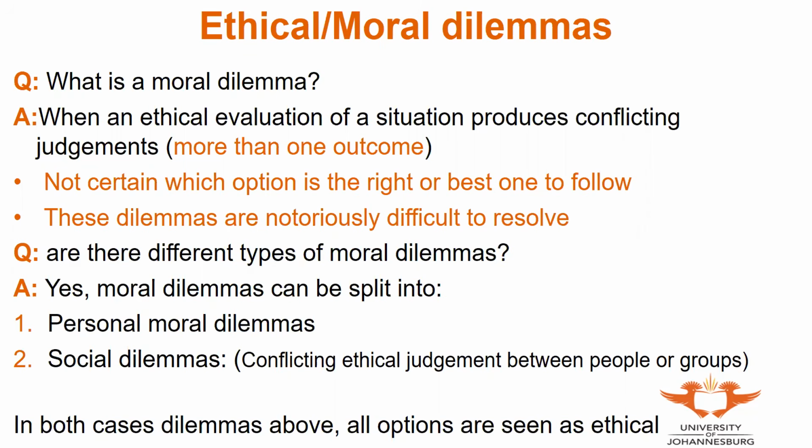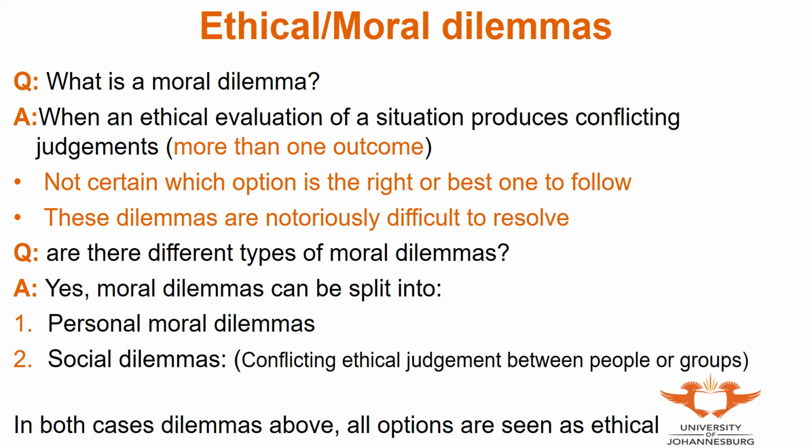Now, when it comes to moral dilemmas, there are 2 types that we're looking at: a personal moral dilemma and a social dilemma. We are going to be looking at some examples of the 2. But in summary, a personal dilemma is a dilemma that you experience within yourself, when you and you alone are confused as to what you should actually do in this situation.